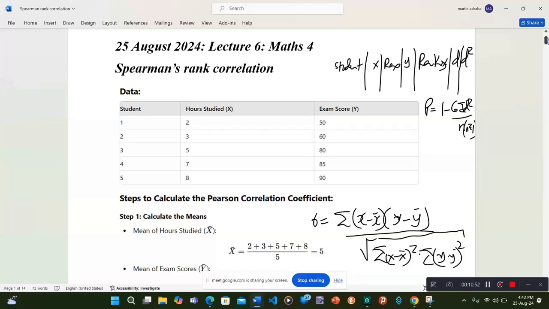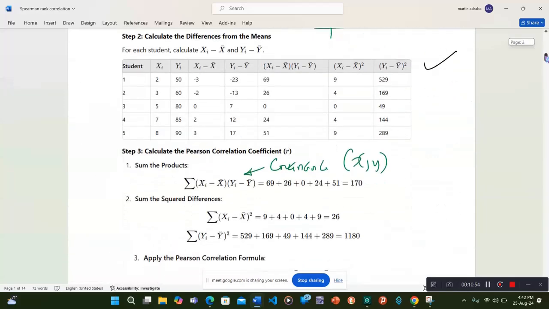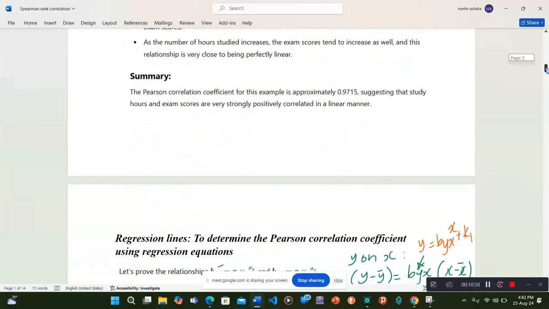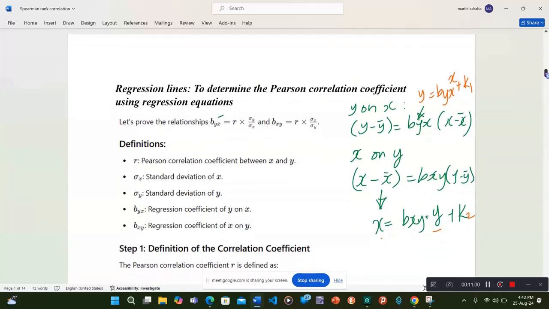You could look at them as simultaneous equations, but they are representing regression lines. And from there, they ask you to determine the Pearson correlation coefficient. So what we are doing here helps you to determine the Pearson correlation coefficient for those regression lines.